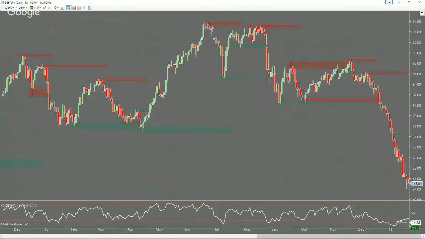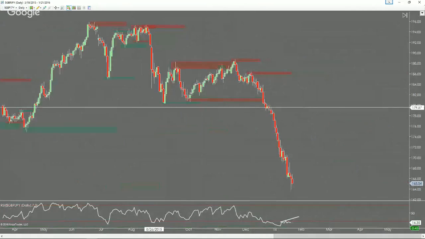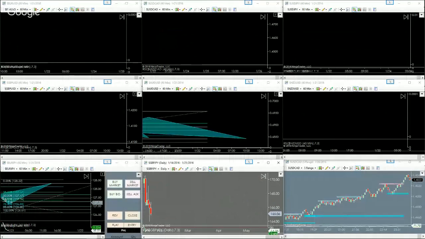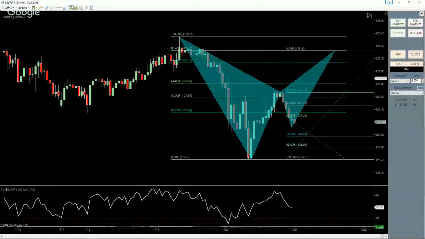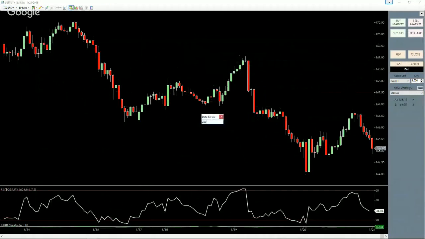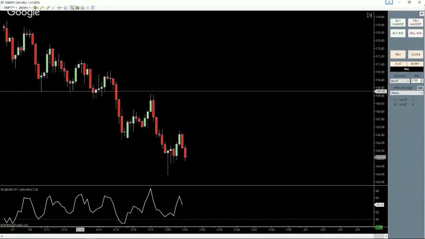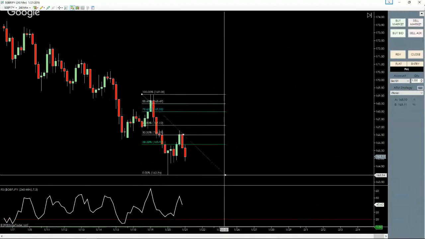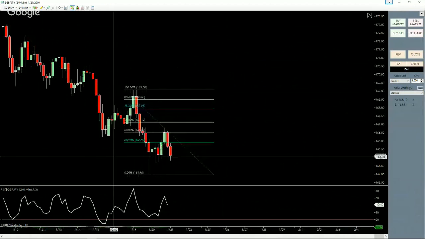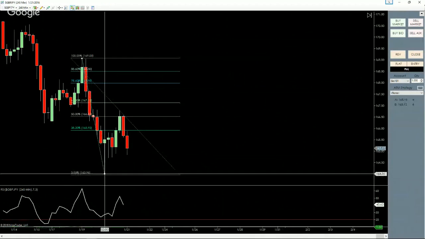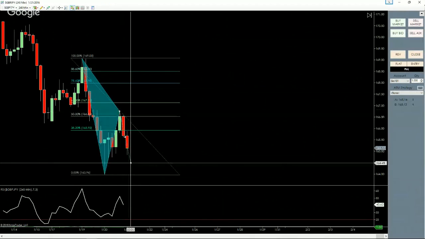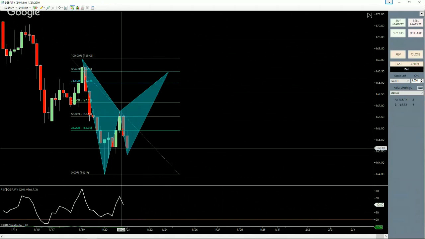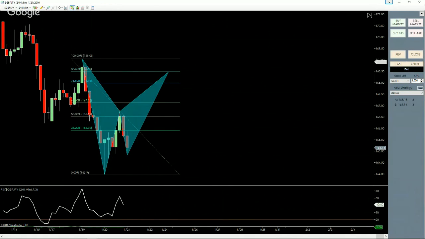Then let's go to our last one, which is pound yen. So continually bearish. Let's do 240 actually. Okay, same thing. This one has another potential bat pattern right here. It's still pretty far from completion though.